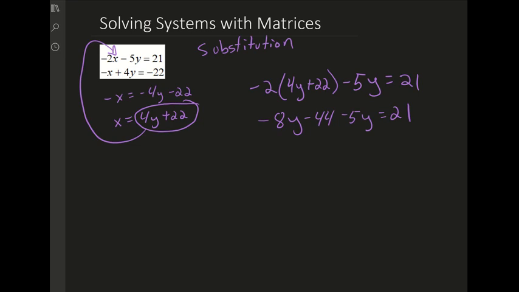Okay. And then we combine like terms. Add 44 to both sides. Divide both sides by -13.